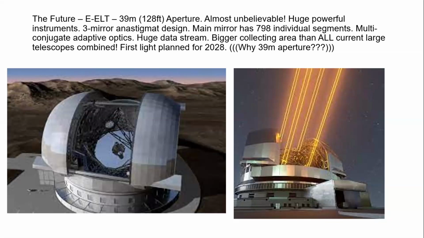Sad story. It would really have been lovely to have it either 40 or, as a tribute to Douglas Adams, a 42-meter telescope, and that would have given possibly the answer to life, the universe, and everything, because it would have been so bloody powerful.